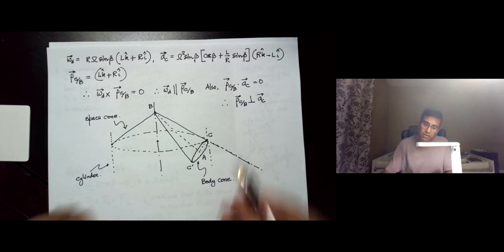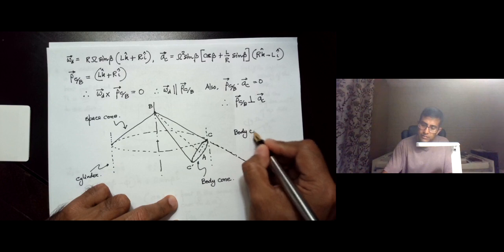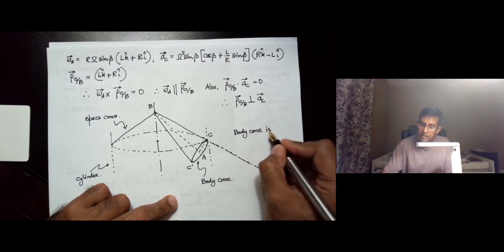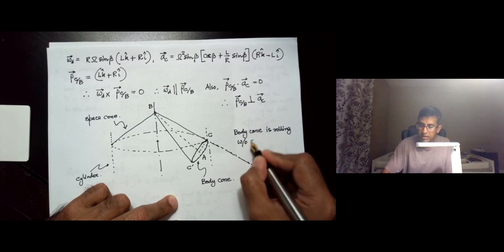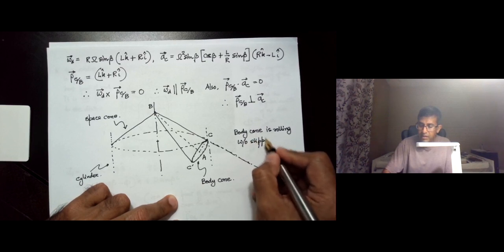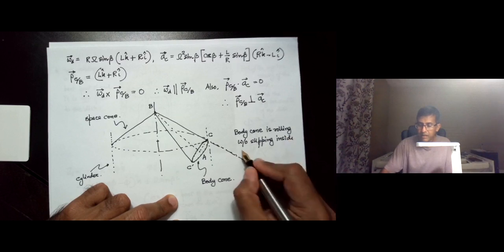And so in this case, what is happening is that the body cone is rolling without slipping inside the space cone.